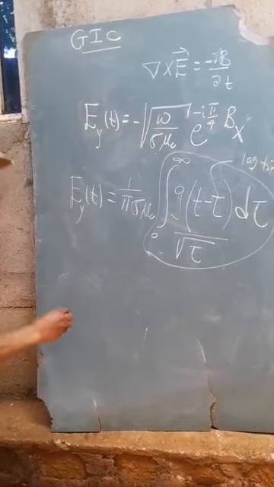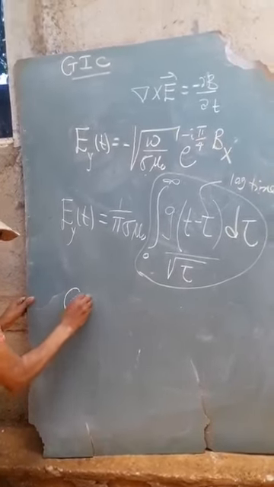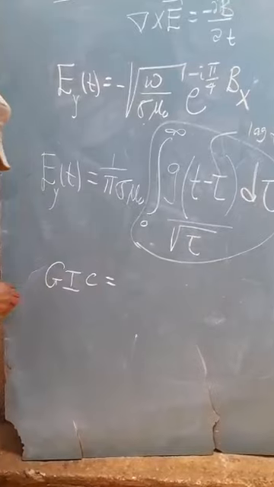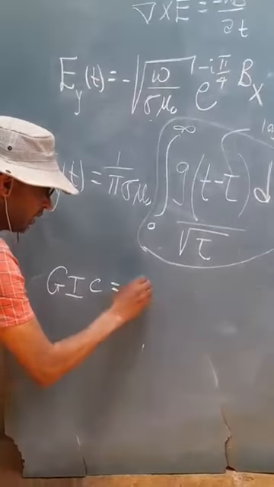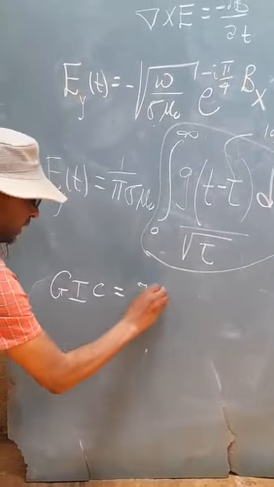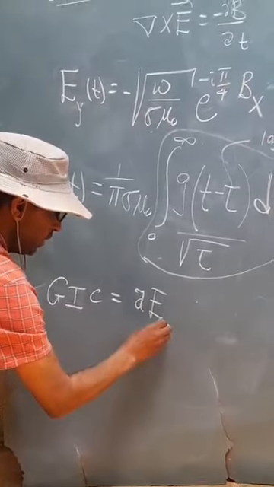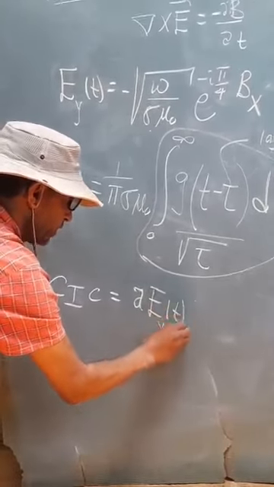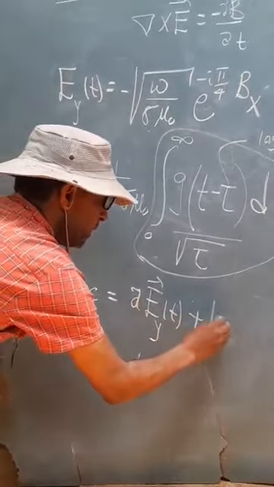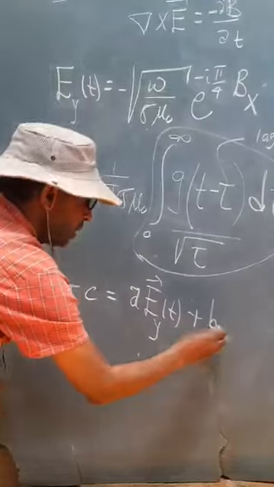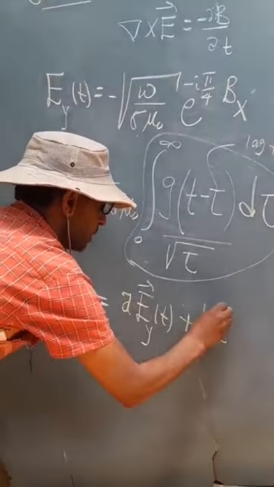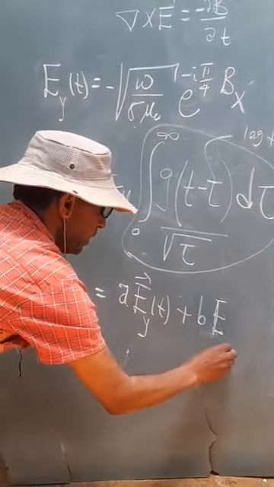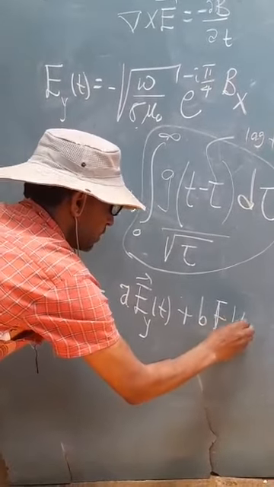We can write as follows: ground induced current is equal to some constant a times the geoelectric field in the y direction, plus b, some constant, times the geoelectric field in the x direction.